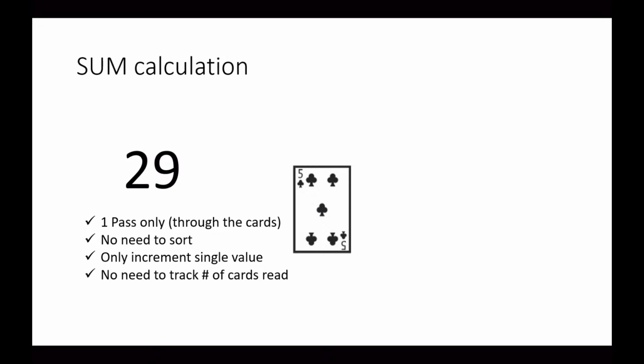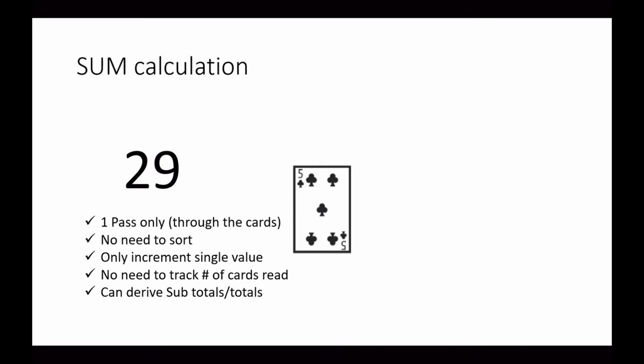There's no need to keep track of the cards read. And this is a really neat thing as well, is that we can use the single pass that we just ran through to create subtotals and totals. When you perform a sum calculation over, perhaps, the sum of items sold during the days of a week, we can perform this single pass through.